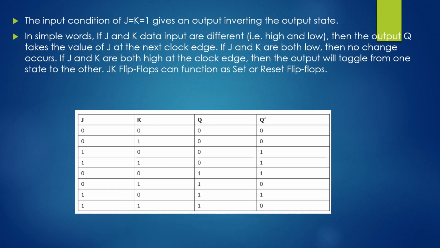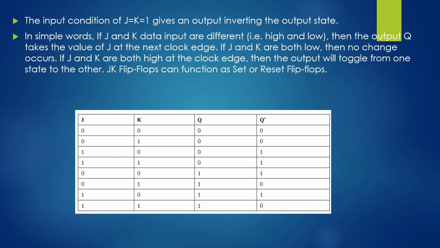The input condition J equal to K equal to 1 gives an output that inverts the output state. In a simple way, if J and K data inputs are different, then the output Q takes the value of J at the next clock edge. If J and K are both low, then no change occurs.